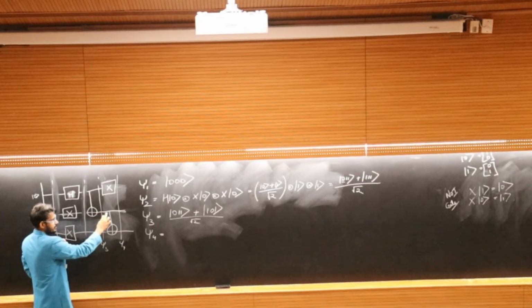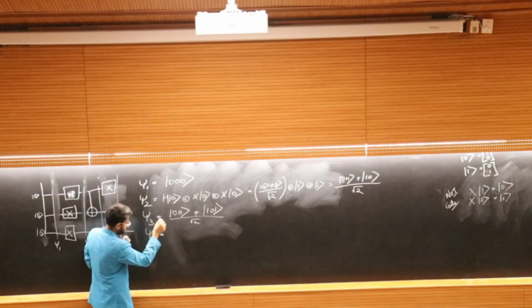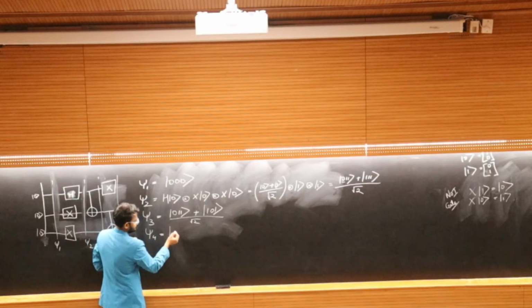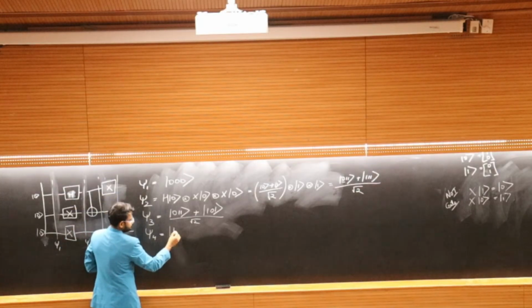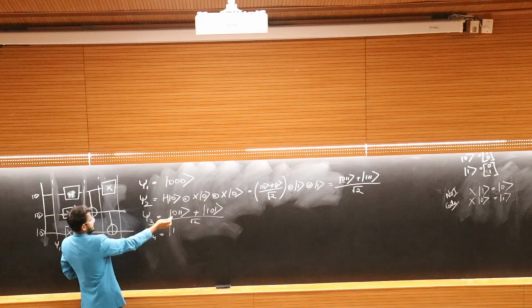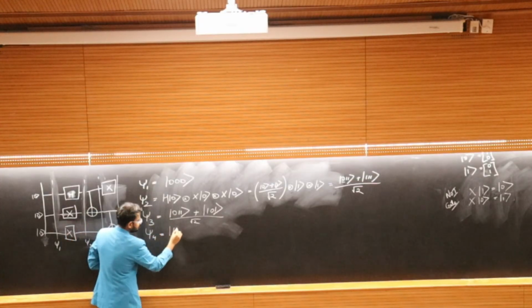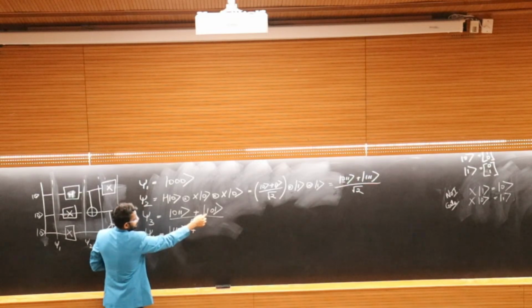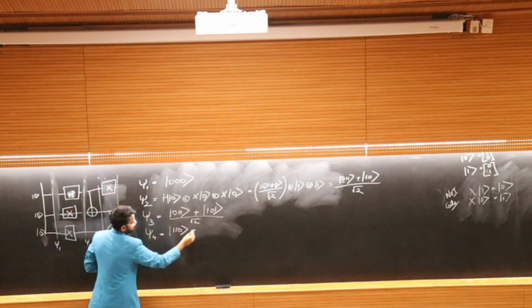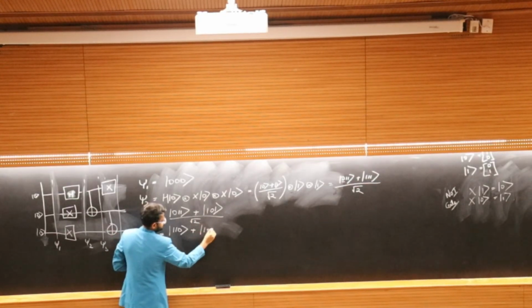If the second qubit is 1, it will flip the third qubit. These two actions I can perform together. The first qubit will definitely change because of this X, and the second qubit is 1, so we'll flip the third qubit. And here, the first qubit we have to flip, and the second qubit is 0, so we won't do anything.